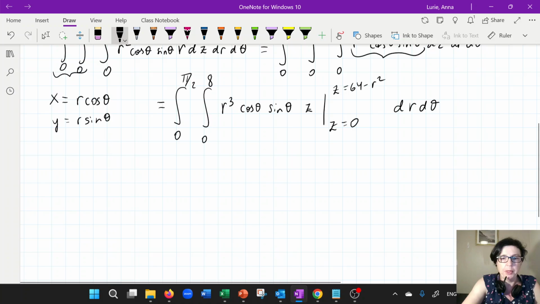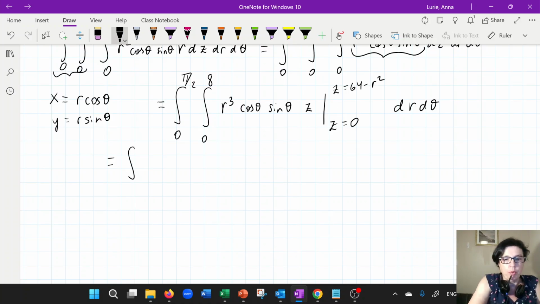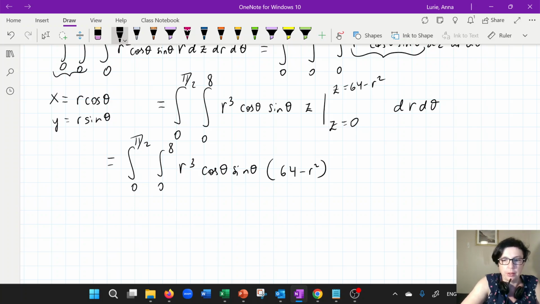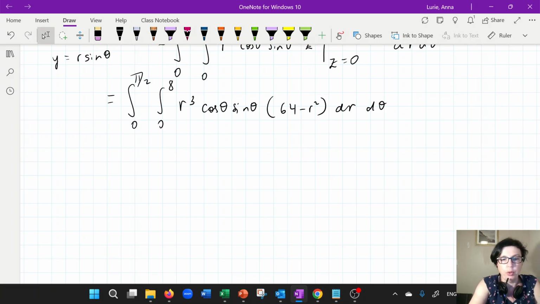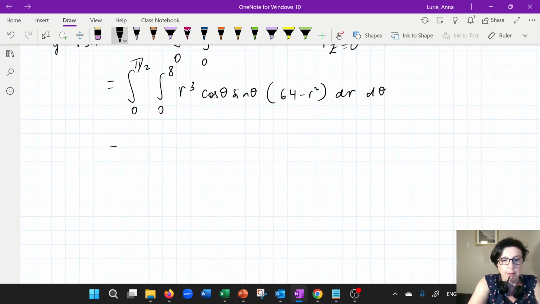All right, so from here, I am going to wind up with, obviously at 0, this is just going to be 0. So this is r cubed cosine theta sine theta, and instead of z, I plug in 64 minus r squared. Now, at this point, this integral is splittable because you do have only constants in the limits, 0 to pi over 2, 0 to 8.